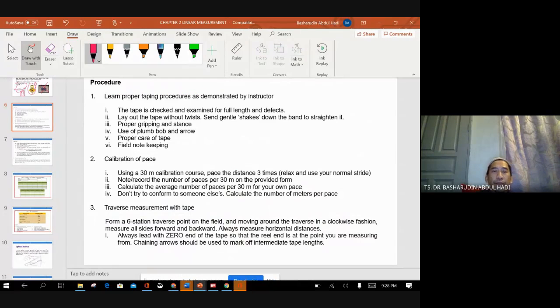Okay, so we have a procedure when using a measuring tape. Learn proper taping procedure as demonstrated by the instructor or the lecturer. Number one, the tape is checked, examining the full length and defects. So when you take a tape, please check. For example, the tape is 30 meter, but when you pull, you can see that the tape only has 20 meter.